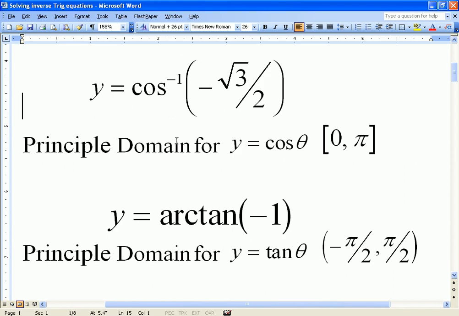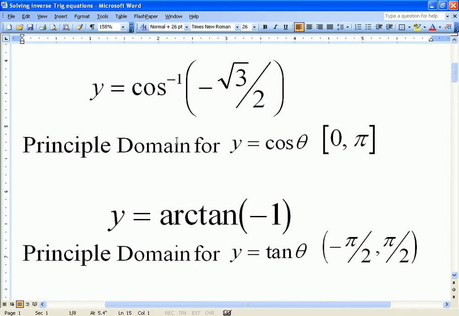Another way of writing the arc sine or the arc cosine or the arc tangent is by writing y equals cosine to the negative 1. This is exactly the same as writing y equals arc cosine. In this case, we are asked to find the angle, theta or alpha, whatever name you'd like to give it, whose cosine is negative root 3 over 2.